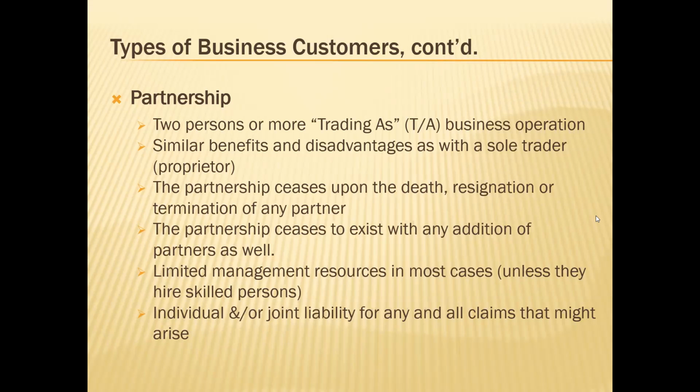And interestingly enough, the new Chief Justice of the Bahamas came out of Davis and Co. He was a partner in Davis and Co. before he went on the bench, first as a magistrate, and then as a Supreme Court justice.